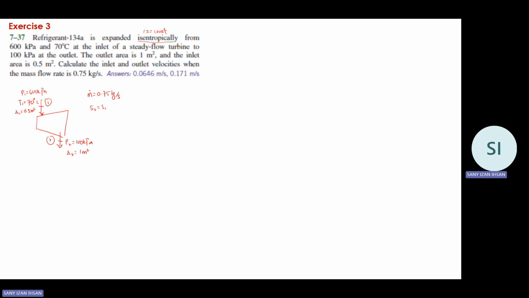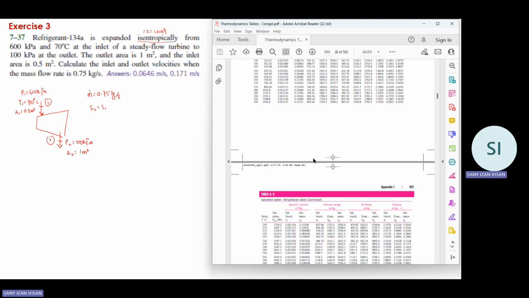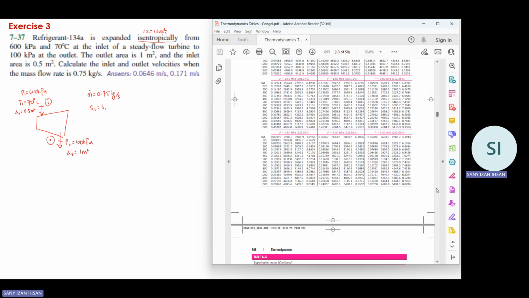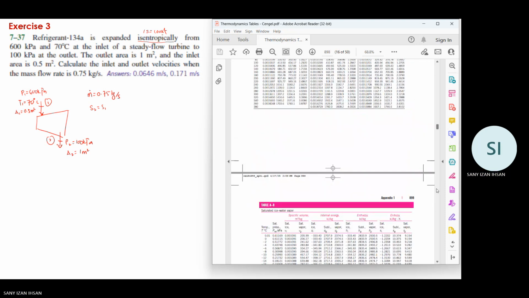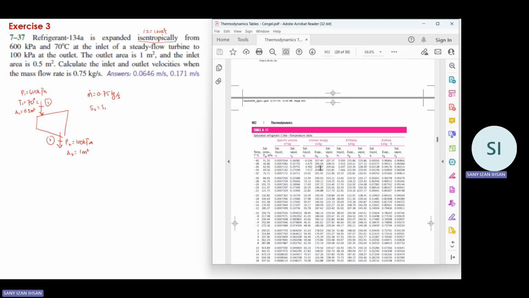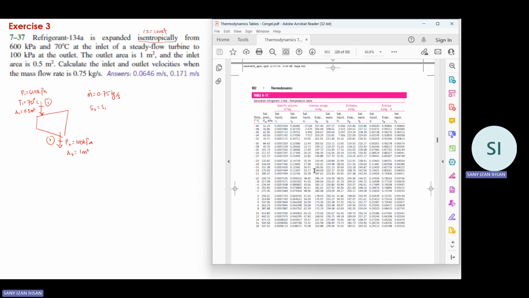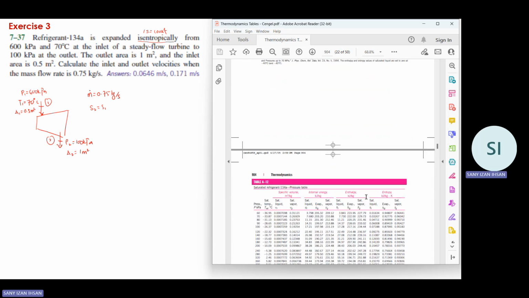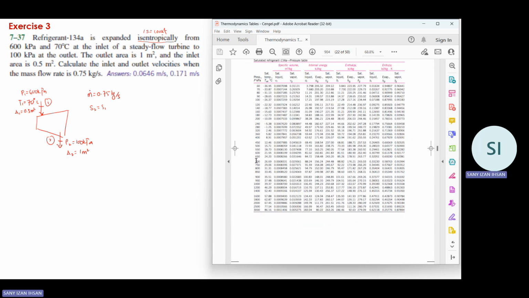Okay, so let's check on the condition. We are not given any information about this state. We know that it is R134A. So let's go to the table for refrigerant, which is saturated for R134. Let's go to A12, with the pressure. If we go to A12, we know it is 600 kilopascal.